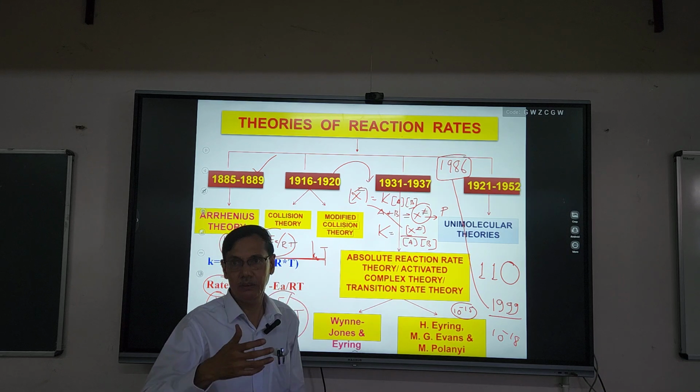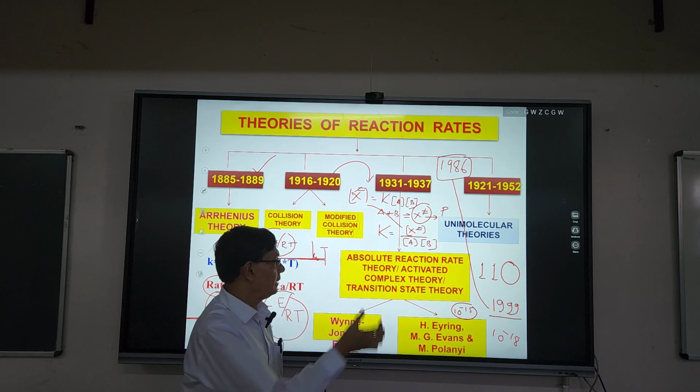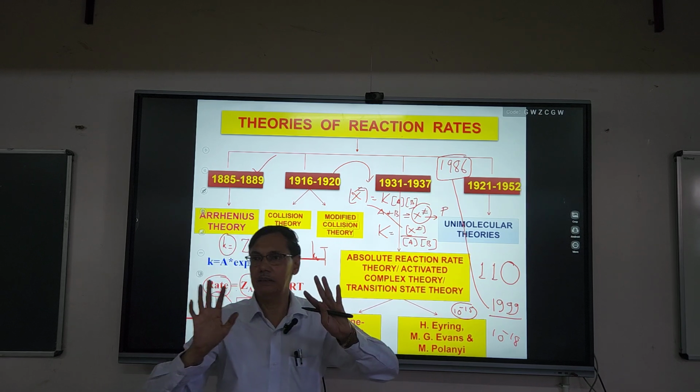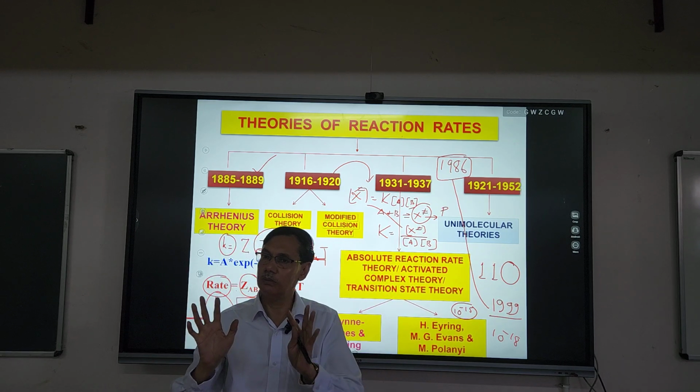I will explain this when I teach the activated complex theory or the transition state theory. I think now you understand the story of these theories of the reaction rate.